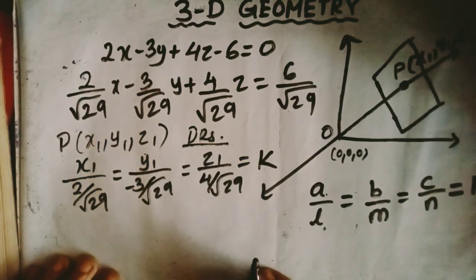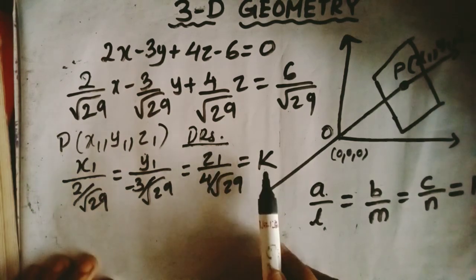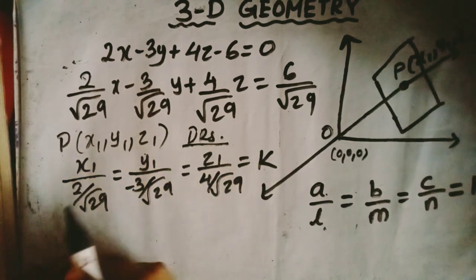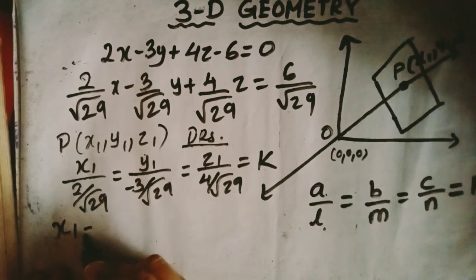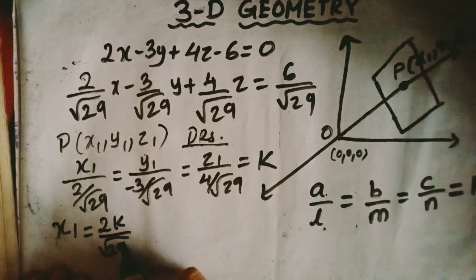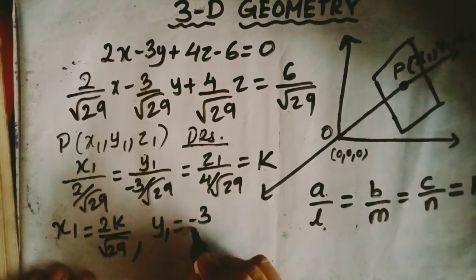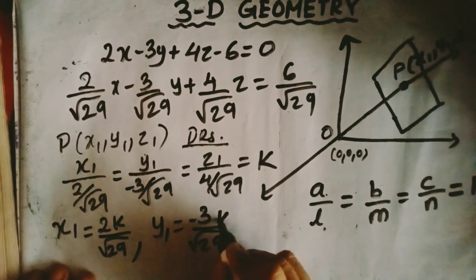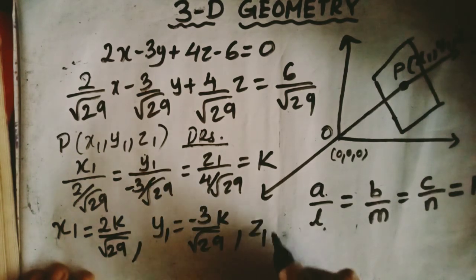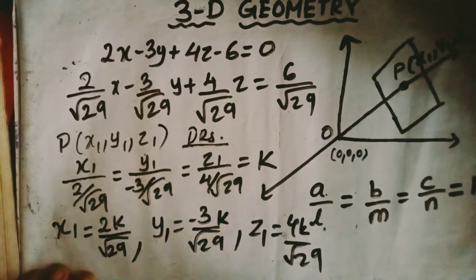Okay, so now you have to write this x1 in terms of k, that is x1 equal to k times 2 upon root 29. So your x1 is 2k upon root 29. Then y1 is minus 3k upon root 29 and z1 is 4k upon root 29. Okay.